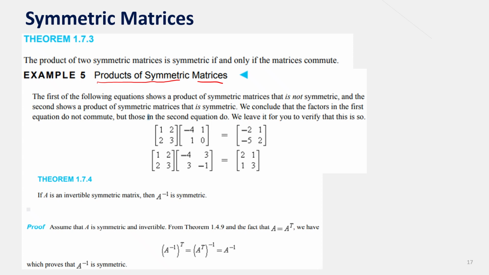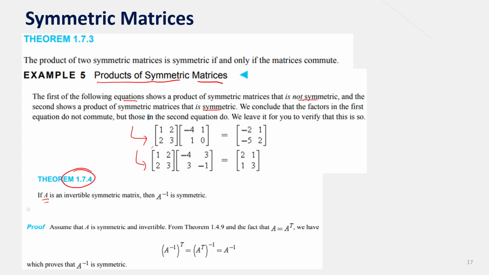The first of the following equations shows that a product of symmetric matrices is not symmetric. Okay, and the second shows that the product of symmetric matrices is symmetric. For this one, can you see why? Okay, it is because of something that we will discuss in this theorem.